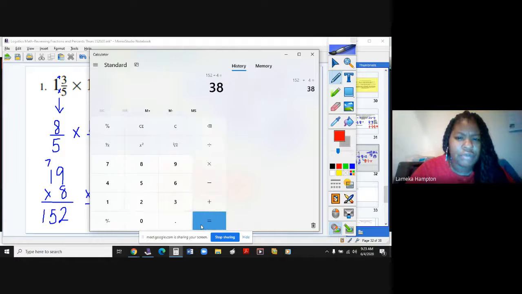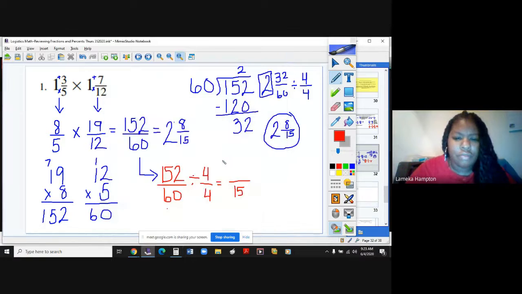Let's see what that gives me. That gives me 38. That's what I was thinking. It gives me 38. All right. Now, again, we still have an improper fraction. So that means now I simply would have to go ahead and, oh, I didn't mean to do that. Okay, there we go.